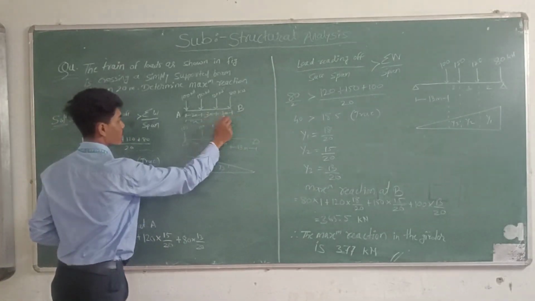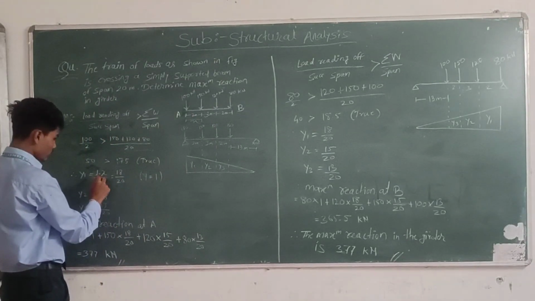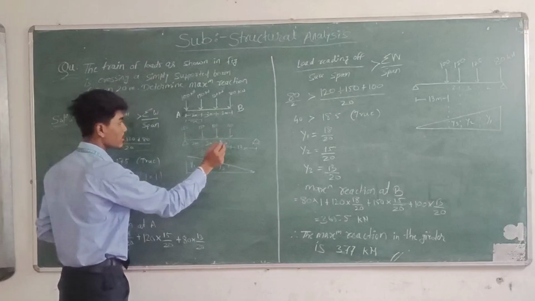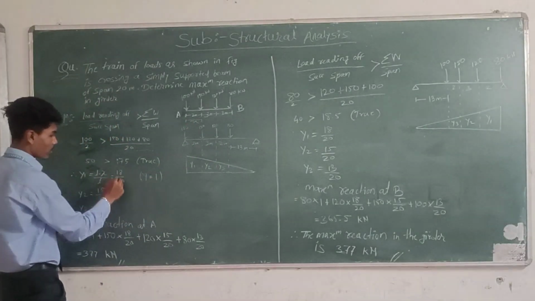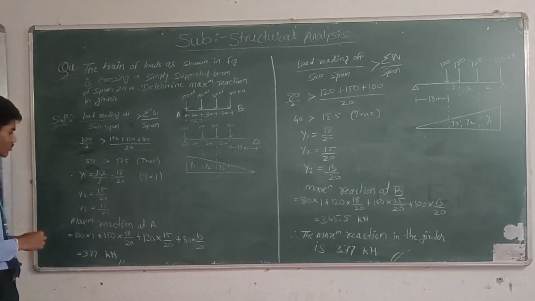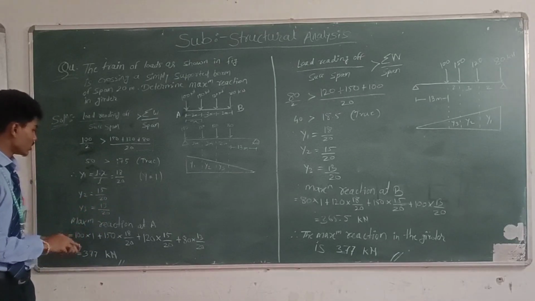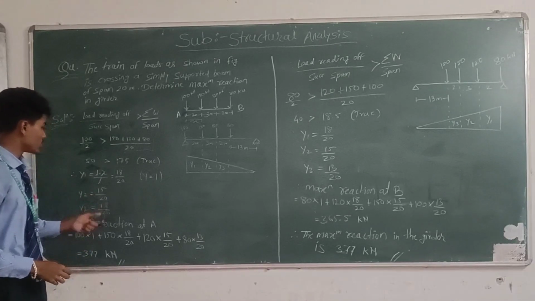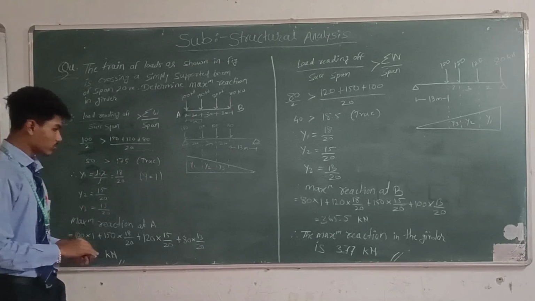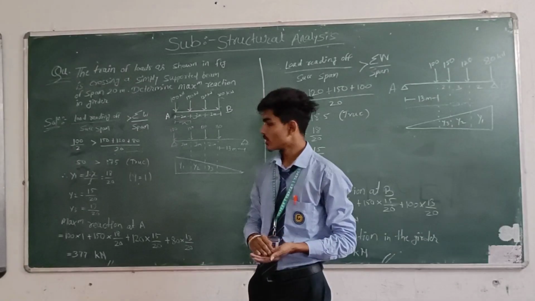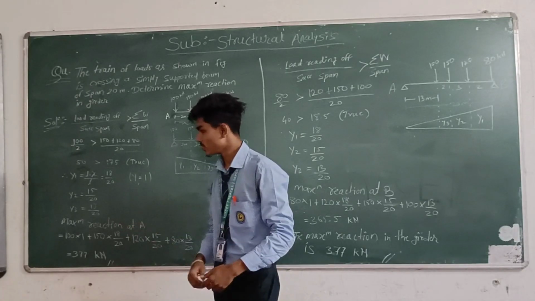Total length 20 meter minus 2 means 18 meter upon 20. And y2 is 15 upon 20 and y3 is 13 upon 20. Here we have found y1, y2 and y3.